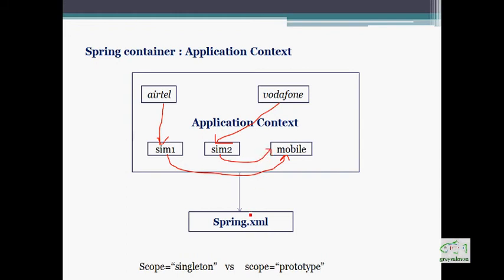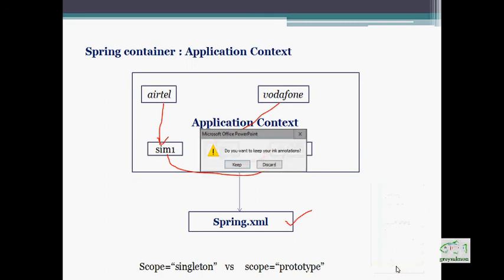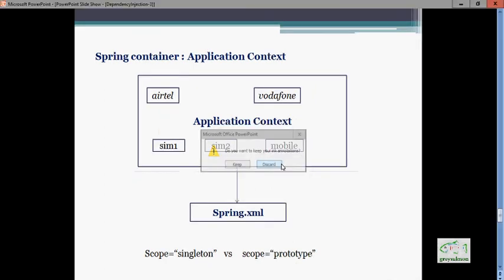So this spring.xml contains all the beans which are required by our application and all the wiring details. Wiring means how these beans are linked to each other. Okay, now in the next tutorial we will study some more leftovers in dependency injection.